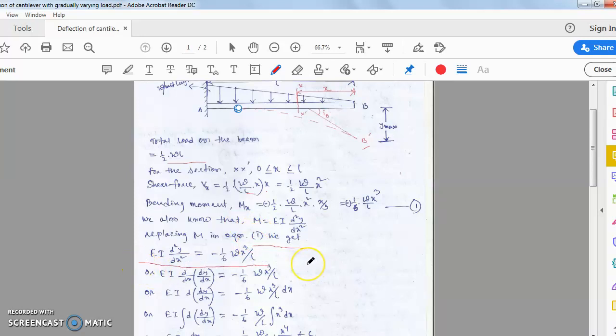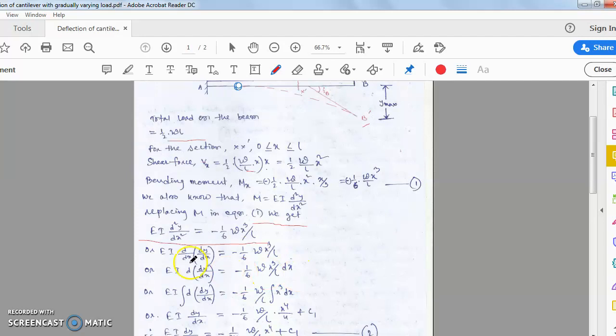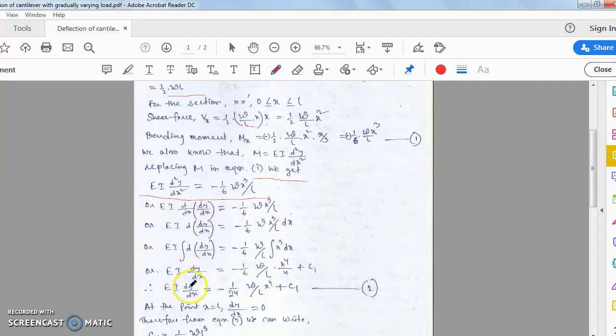From this equation we integrate for the first time. First integration, E I dy by dx, gives the expression like this, equation 2. Here you see an integration constant C1. How do we calculate C1? C1 is calculated based on the boundary conditions.